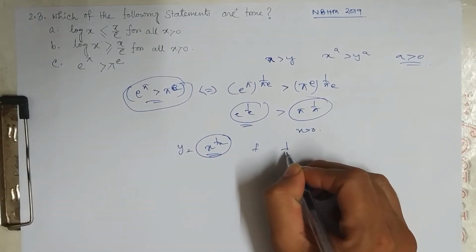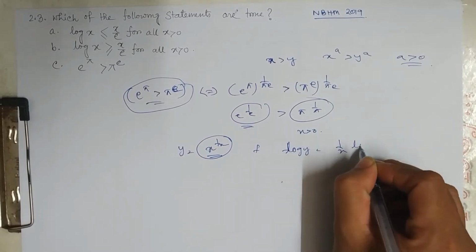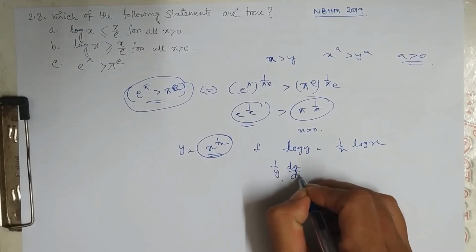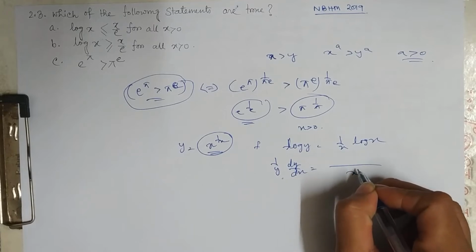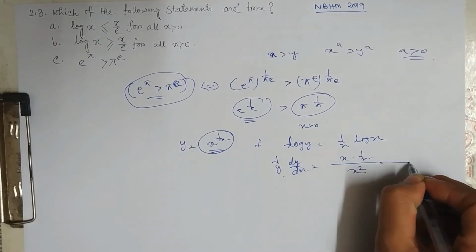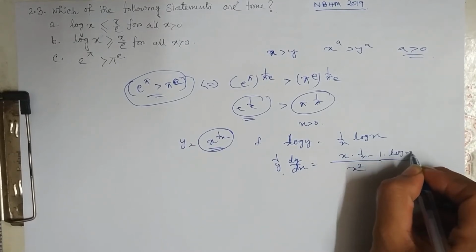So log y, and the derivative comes out as 1 by x minus log x.